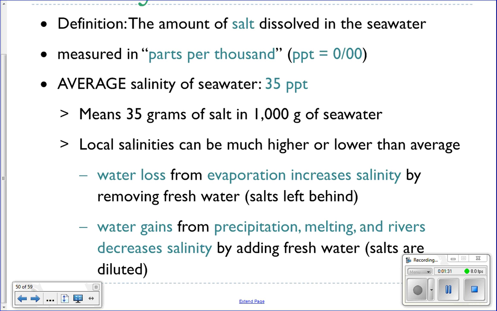If you're in the tropics, it's sunny outside, and because it's sunny, lots more water will evaporate because the sun evaporates the water. And when water evaporates, it leaves the salts behind. And so you'll find that the water is saltier in the tropics than it is in other areas.